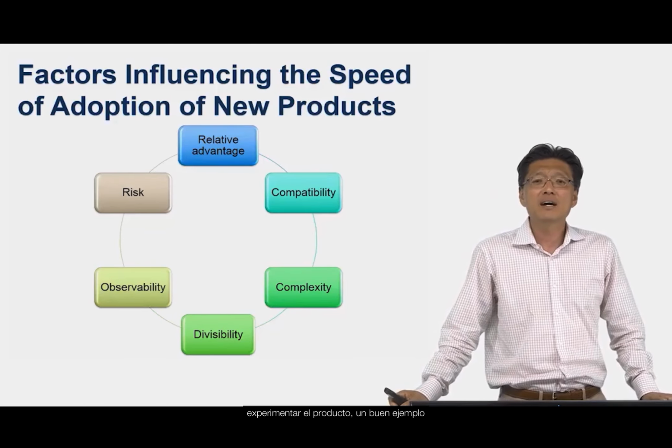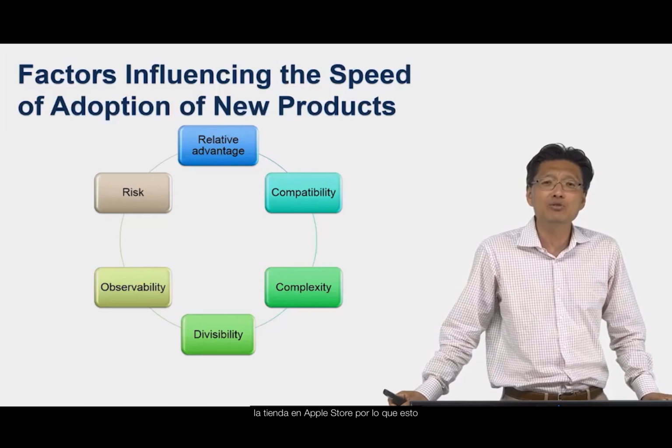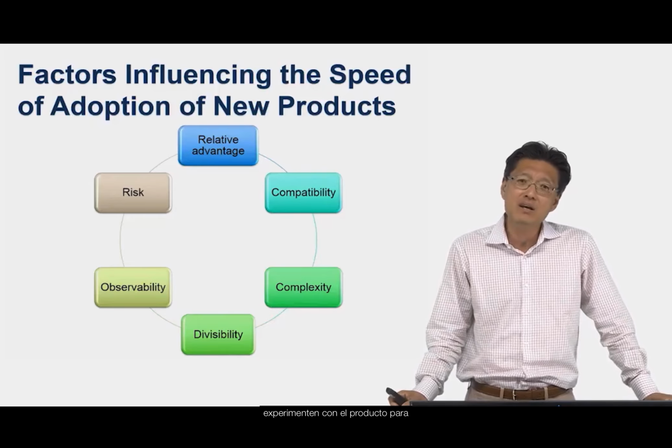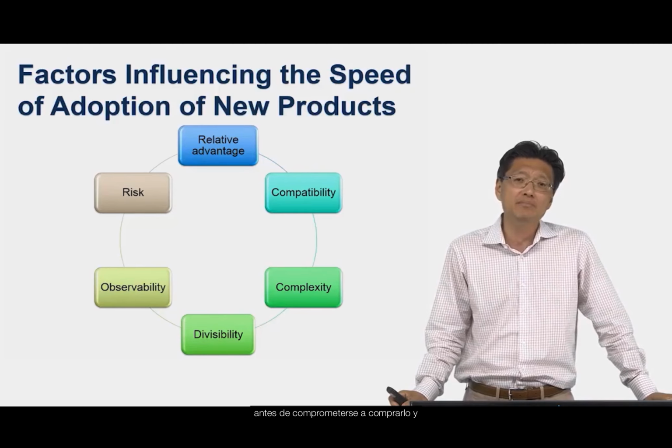Before customers have to buy the new products that Apple introduces in the market, they can play around with the product, touch the product, and ask questions in the store. This provides a platform for customers to experiment with the product and try it out before they commit to buying.